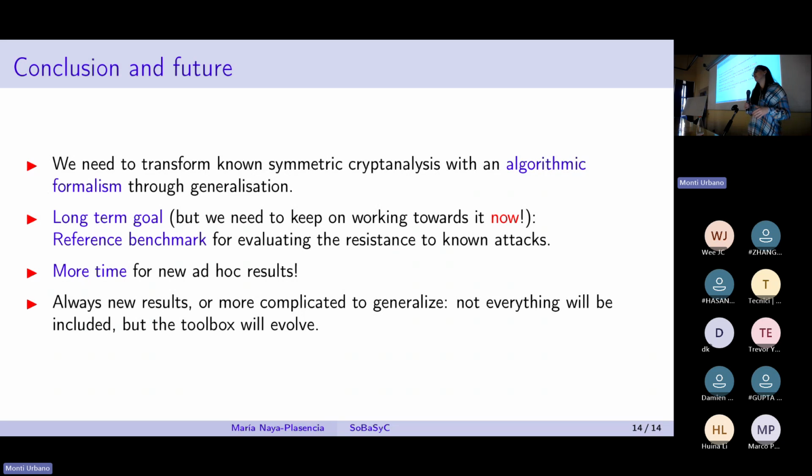This will allow us more time to find new ideas and new ad hoc attacks that we will then have to generalize again, and it never stops. As we keep getting more results, and some are more complicated to generalize, we won't be able to include everything in the toolbox, of course, but the toolbox will evolve.